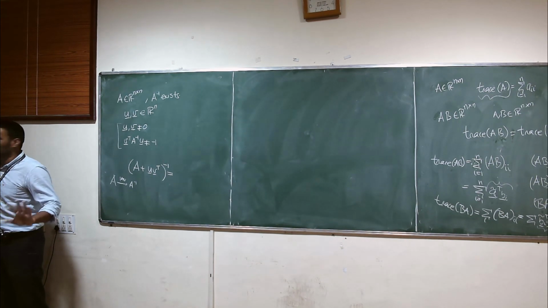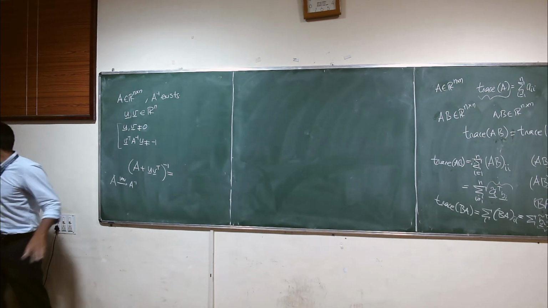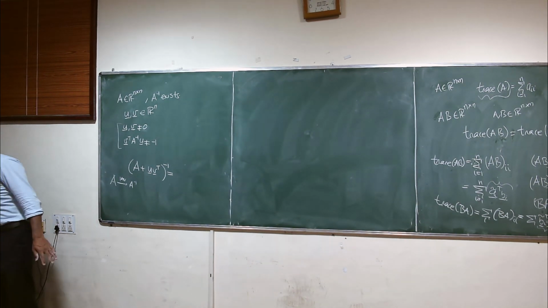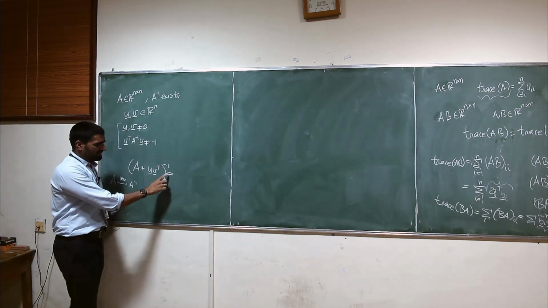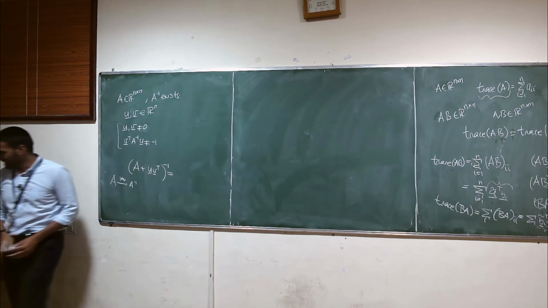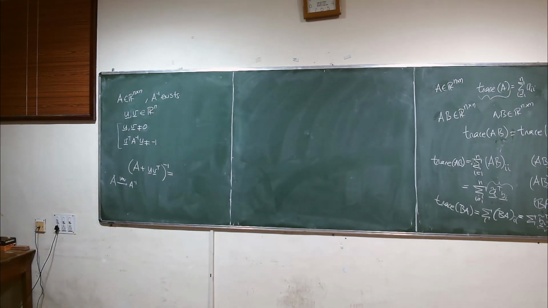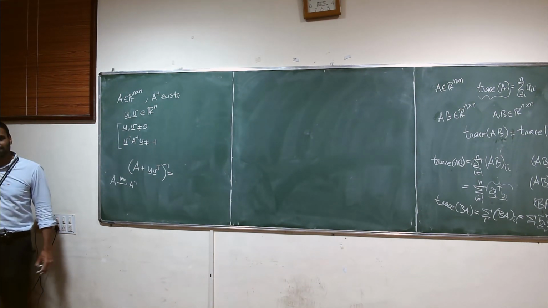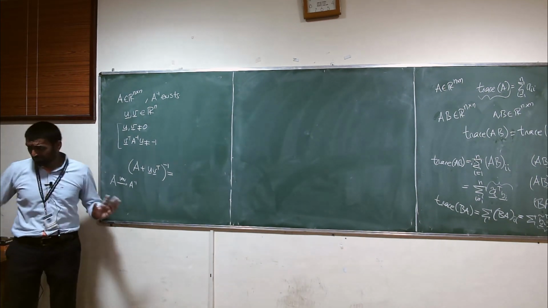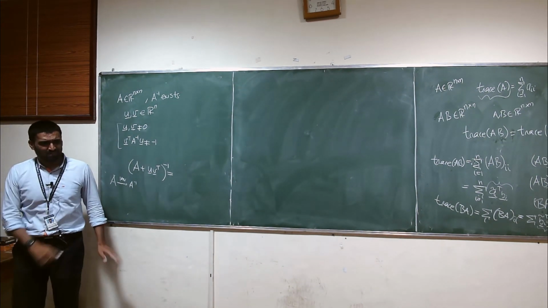And your goal here is to simply show that the thing on the right hand side is in fact the inverse of this. That means if I take this expression and multiply it by A plus uv transpose, either on the right or on the left, I should get I. That is the goal. You don't have to worry about what this means and all that.